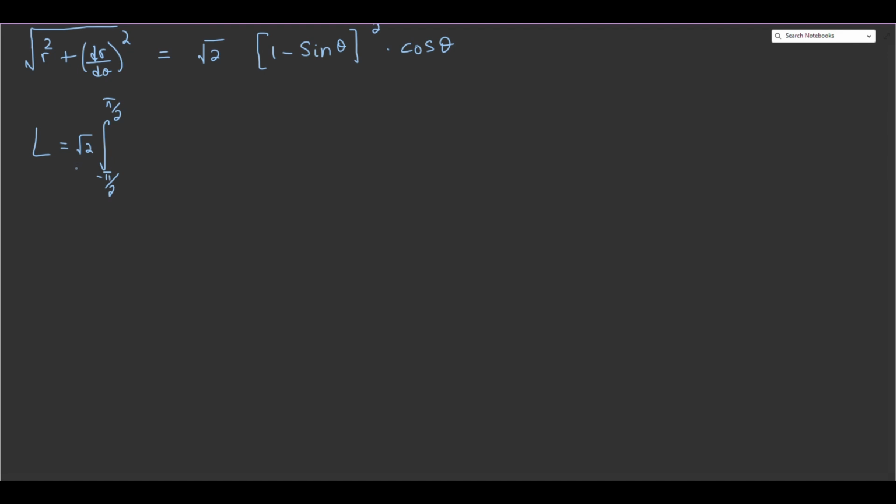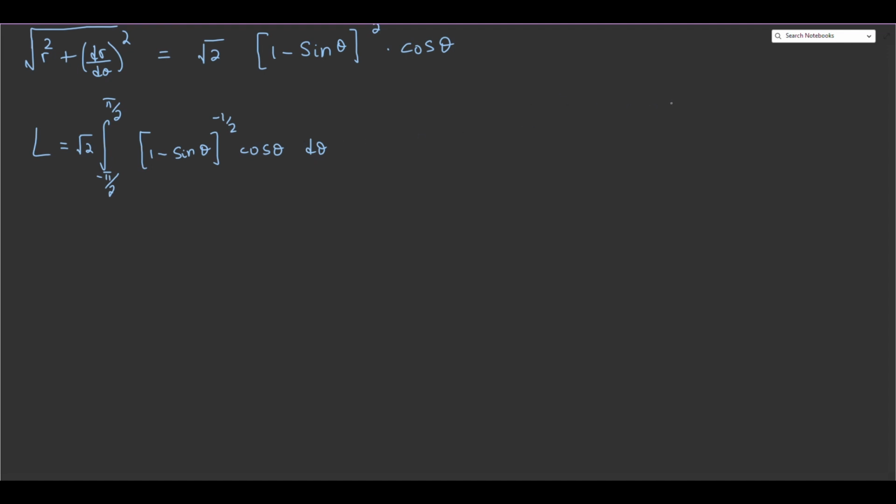You can write square root of 2 outside, and then multiply this with 1 minus sine of theta to the power minus 1 by 2 cosine of theta d theta.